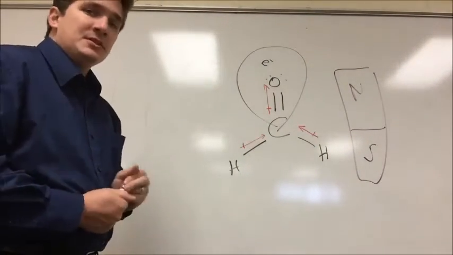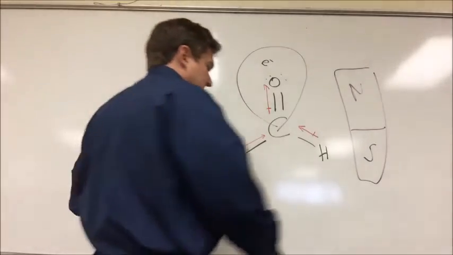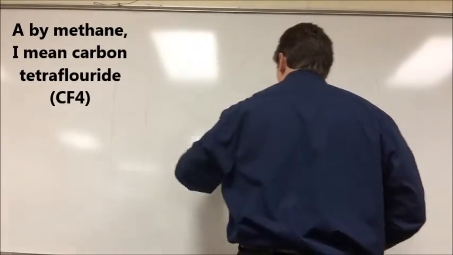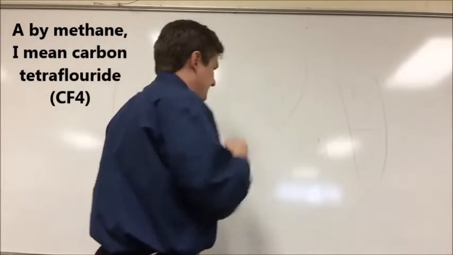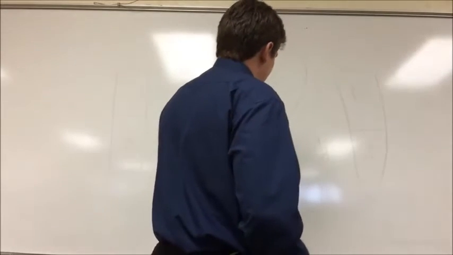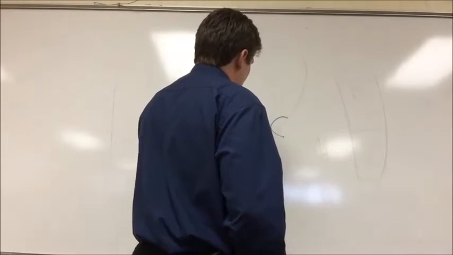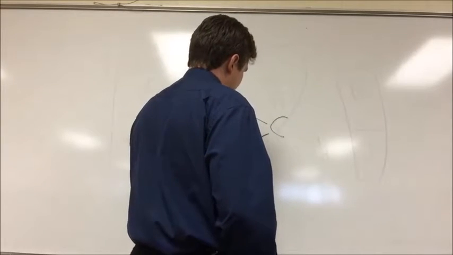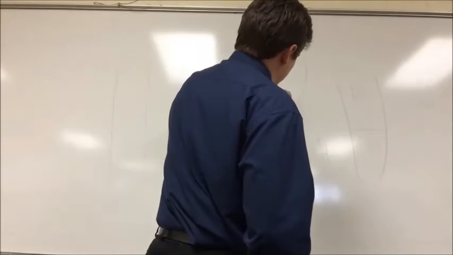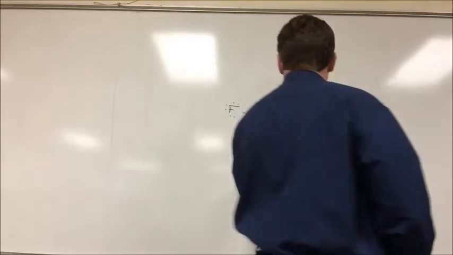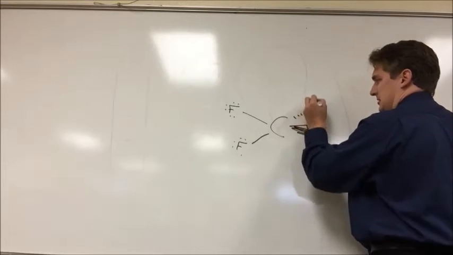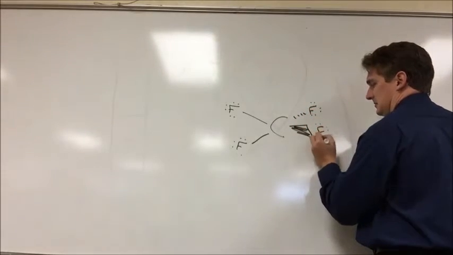Now let's look at something like CF4. For CF4, I've got my central carbon atom. I've got 4 periphery fluorine atoms. And I've also got a tetrahedral geometry.